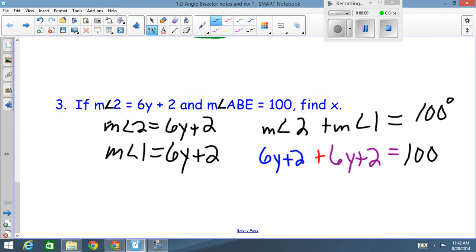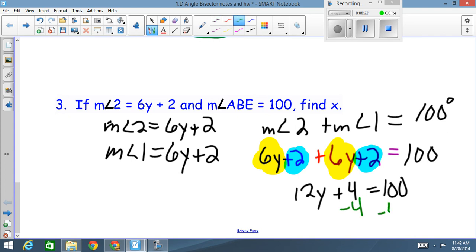Well, now this is combining like terms. Same side of the equal sign. 6y here, 6y there, combine them. Positive 2, positive 2, like terms, combine them. So we have 12y plus 4 equals 100.